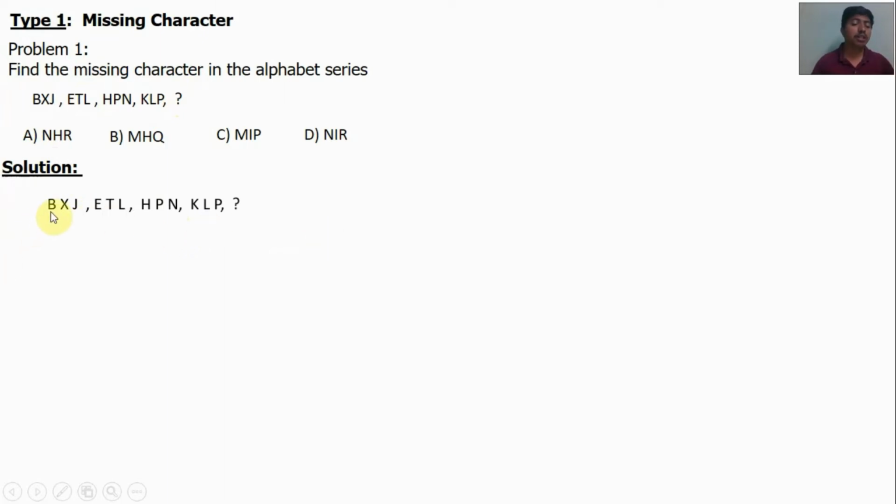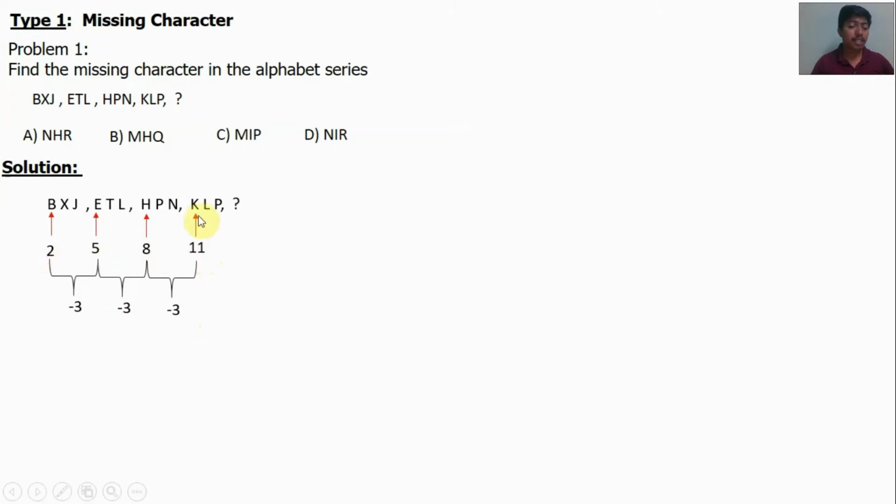Tell the positions. P is in the second position, so P is 2. E is 5. H is 8. K is 11. Find the difference. 2 minus 5 is minus 3. 5 minus 8 is minus 3. 8 minus 11 is minus 3.